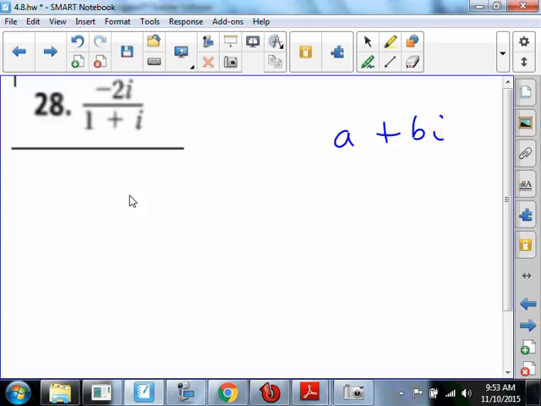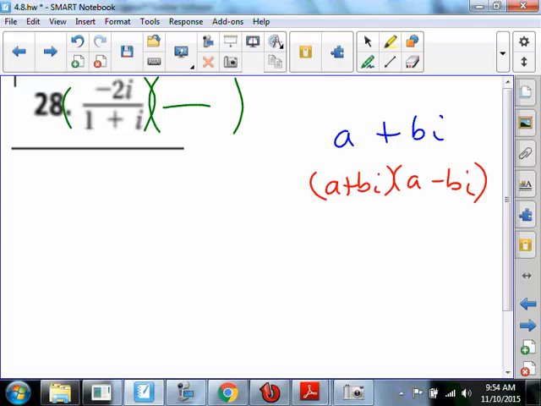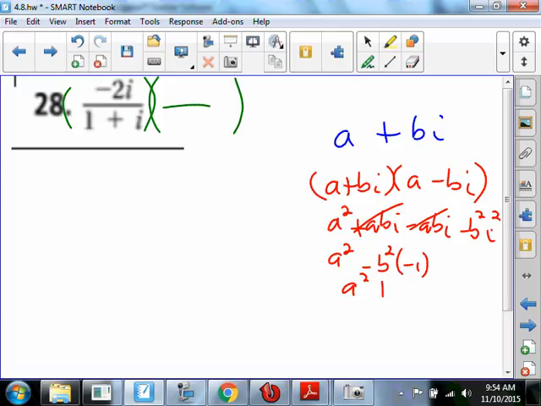So if you missed yesterday, we have to multiply by 1, which doesn't change the value of the expression. We talked about complex numbers and their conjugates, and we said when you multiply them, you get a squared plus abi minus abi minus b squared i squared. The abi's cancel, so that's a squared minus b squared times -1, so that's a squared plus b squared.